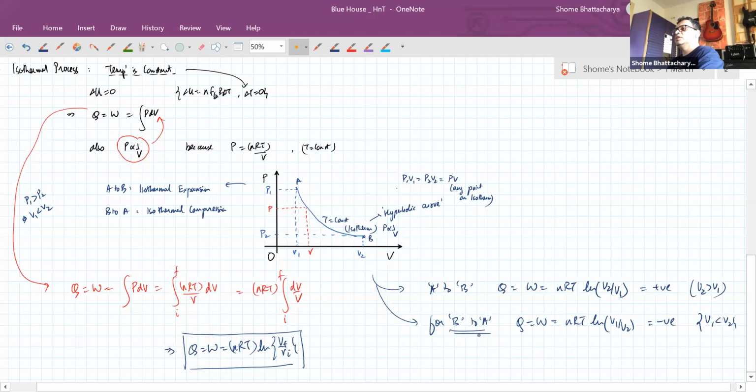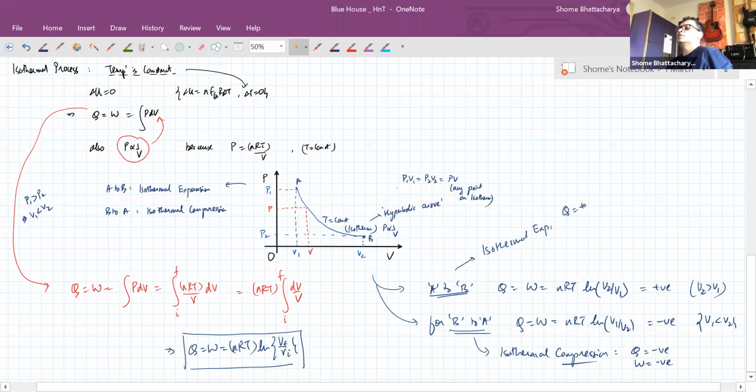So B to A is an isothermal compression. So Q is negative, W is negative, whereas A to B is an isothermal expansion.